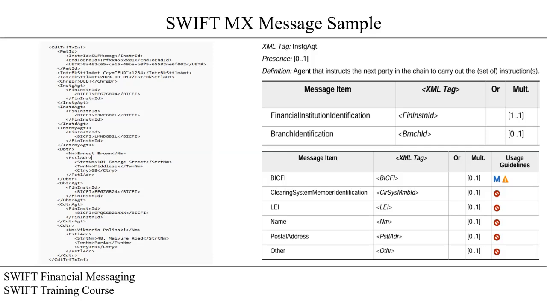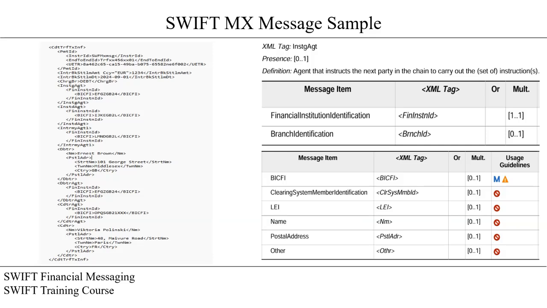For a good example, you could see the instructing agent, which also has the opening and closing tags, followed by the financial institution ID block, and then followed by the BIC FI, which is the BIC of the instructing agent.